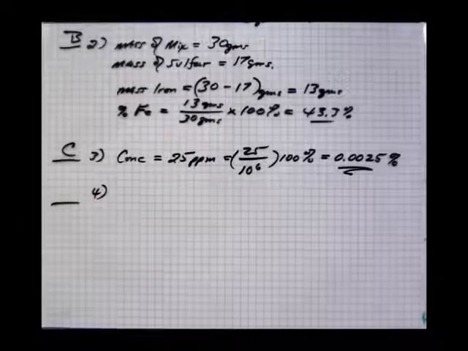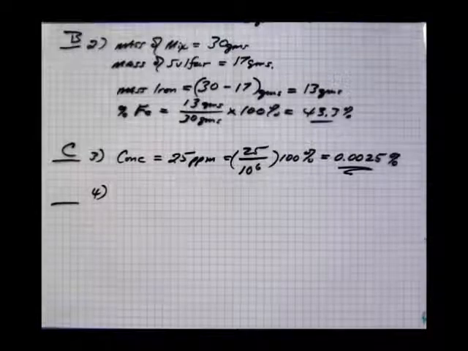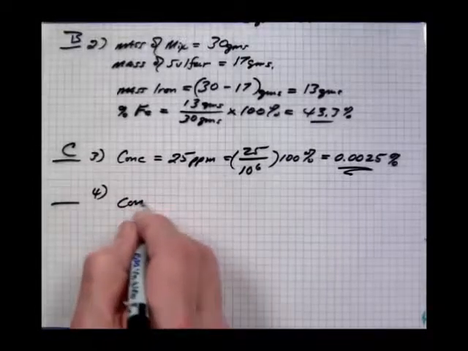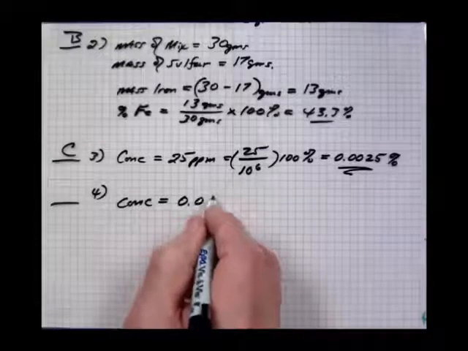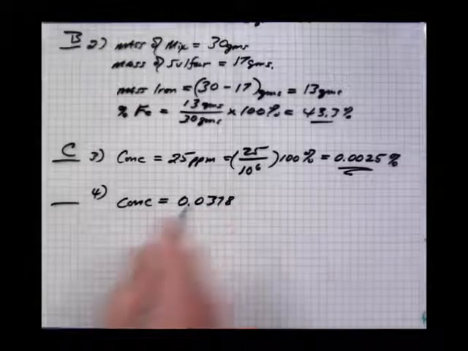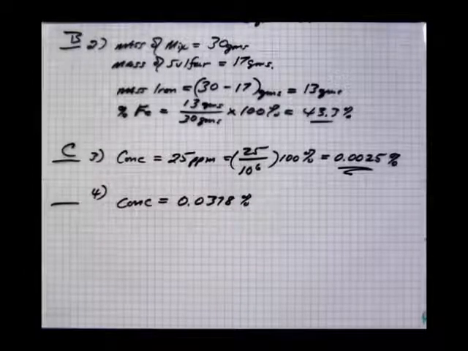Number 4, concentration of CO2 in the atmosphere was measured to be, well, I transposed the numbers. We'll say concentration is 0.0378%. What is this amount in parts per million?